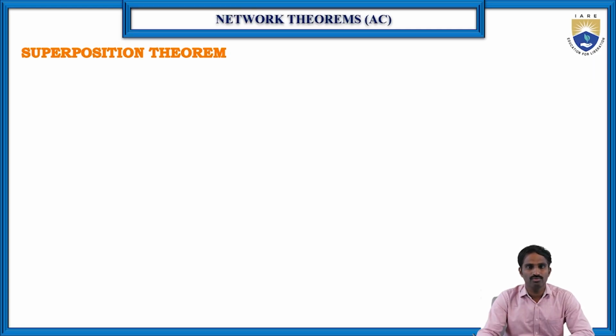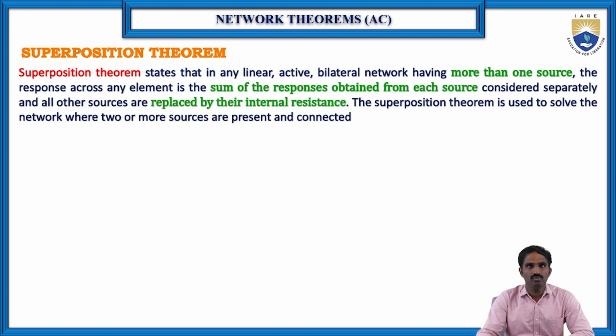Before going to solve the problems with the AC network, let us again remind ourselves briefly what the superposition theorem is. As we know, all network theorems are applicable only to linear, active and bilateral networks. Especially the superposition theorem can be applied to linear, active and bilateral networks having more than two sources.